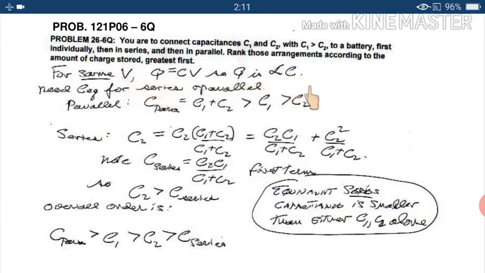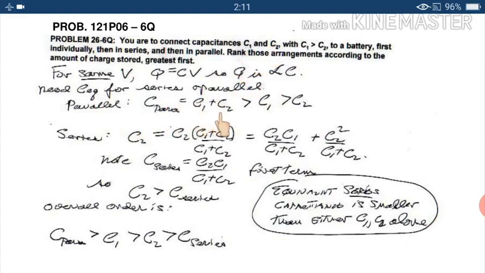So to rank these arrangements according to the charge, it will be very simple if we talk about the capacitances, because from here it is clear that Q is directly proportional to C. If we are able to rank their capacitances, it will be easy for us to rank their charges. If C1 and C2 are connected in parallel, what will be the equivalent capacitance?